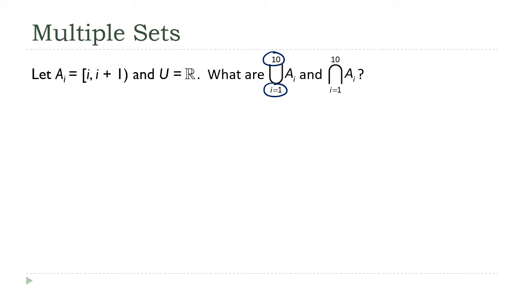And you notice how I've defined my A sub i over here. A sub i is equal to the numbers from i to i plus 1, including the left endpoint, not including the right. Right? And my universal set here is the set of real numbers. So those are the values that we're talking about going into these A sub i.